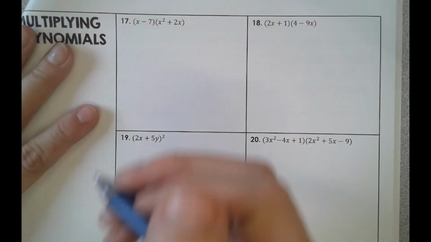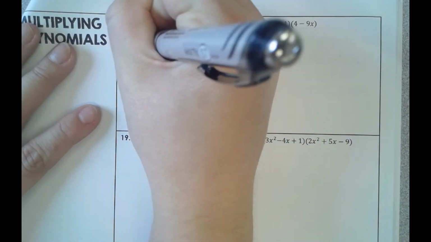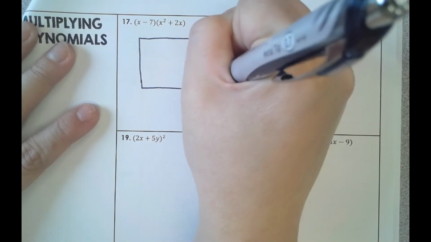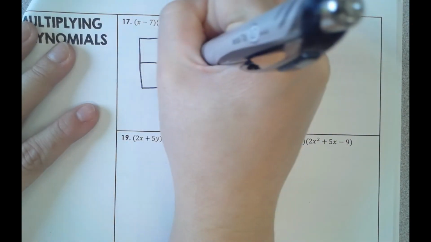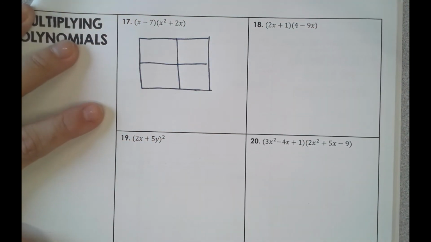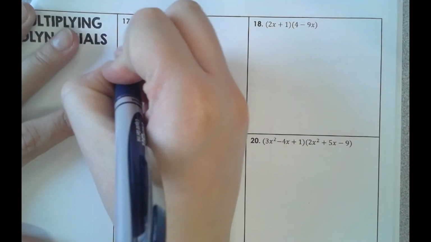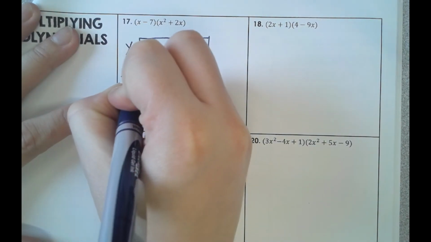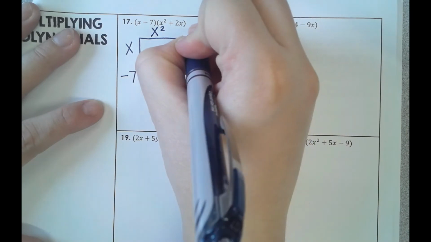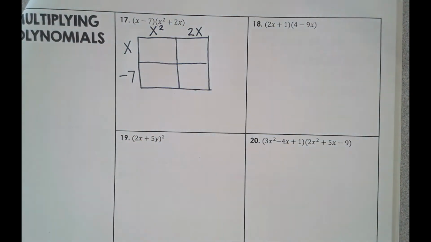So we're going to make a 2 by 2 box. And we put one of them along the left side, so x minus 7, and one along the top, x squared 2x. Doesn't matter which one you put top, which one you put bottom.